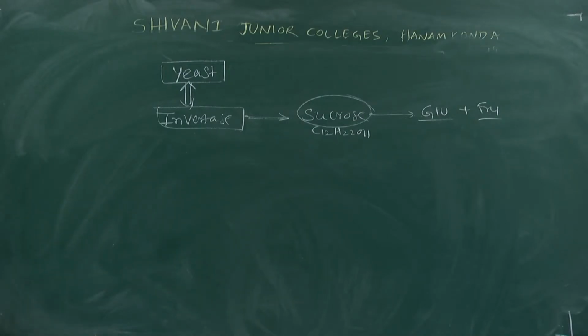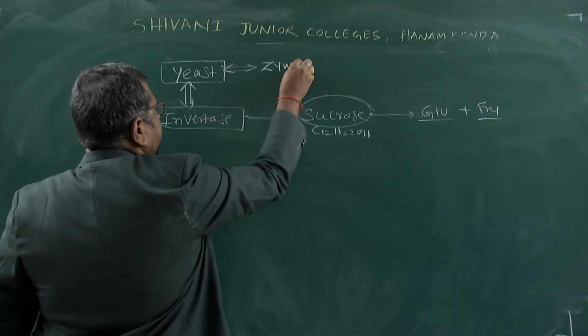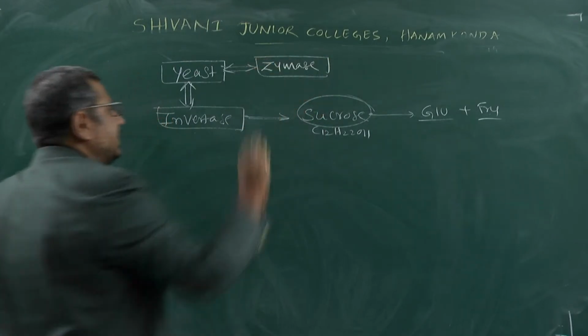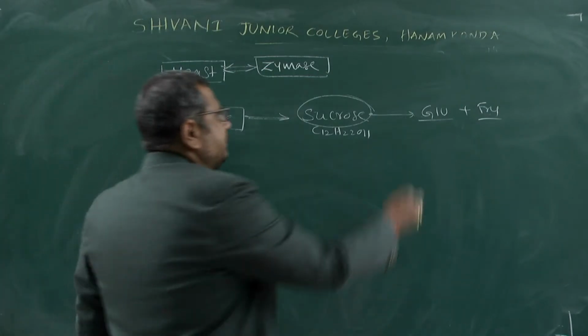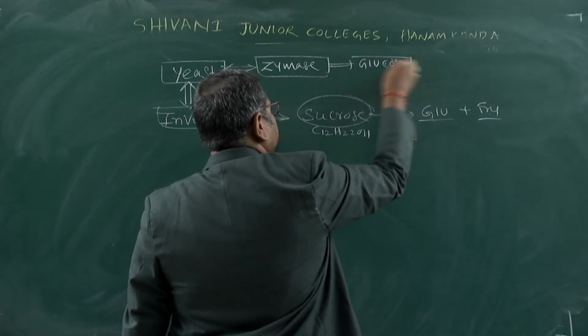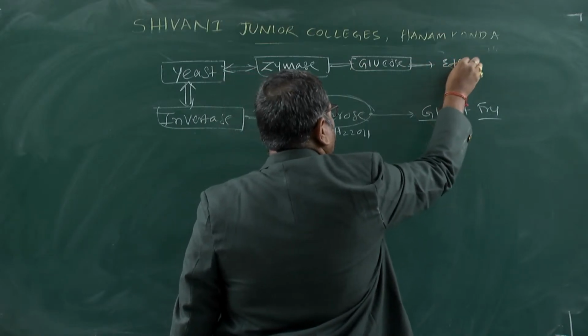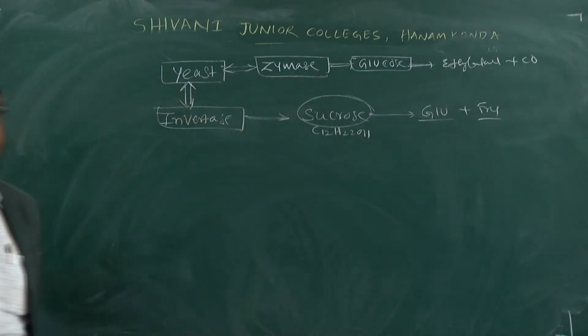Another enzyme from the yeast source is the zymase enzyme. It converts glucose. Zymase converts glucose to ethyl alcohol and carbon dioxide. Glucose is C6H12O6.